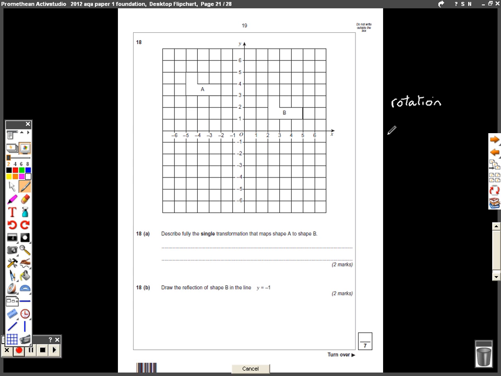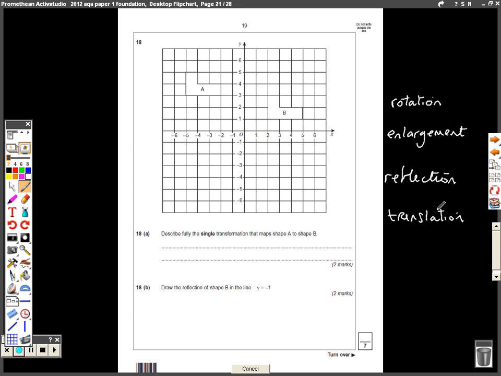We could be looking at enlargement, where the shape has got bigger. We could be looking at a reflection, where we would have a mirror line, or we could be looking at the translation. And the translation just means that the shape has moved.